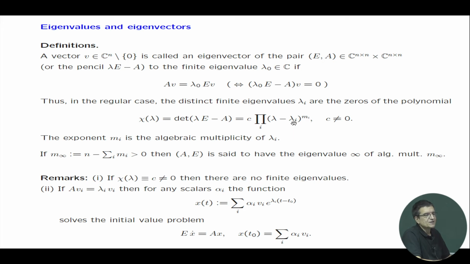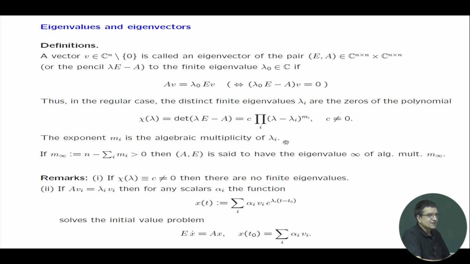The zeros are then the finite eigenvalues. And it is said then that if this polynomial does not have the full degree n, the pencil or matrix pair has an infinite eigenvalue.